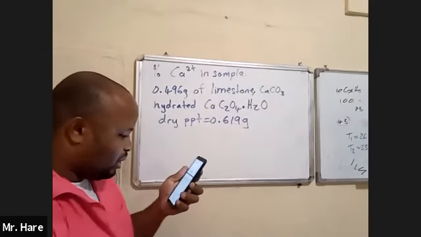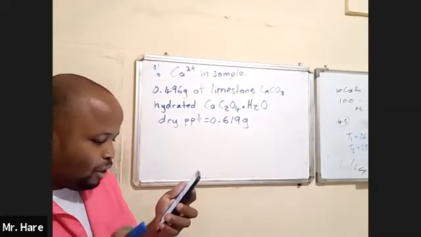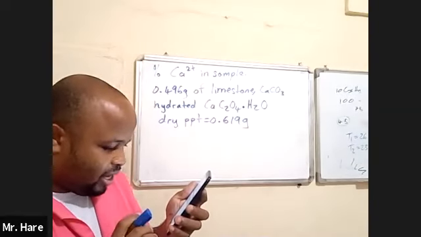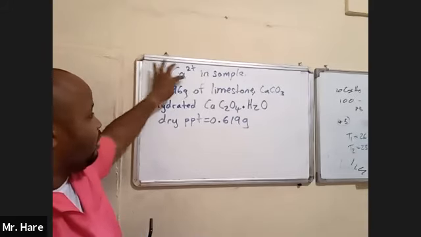So the first question: write the equation for the formation of the dry calcium oxalate precipitate. We want to find the percentage of calcium ion in a sample.